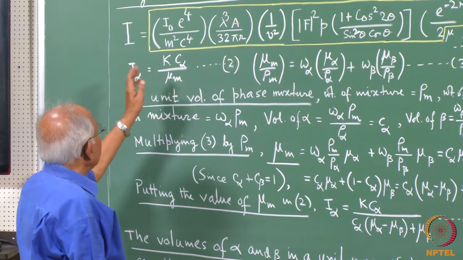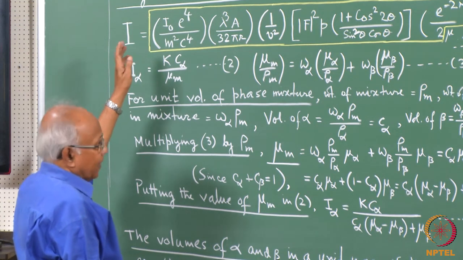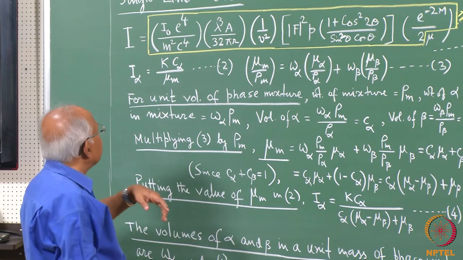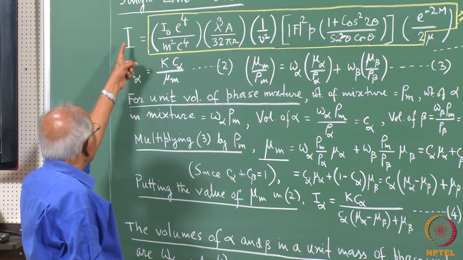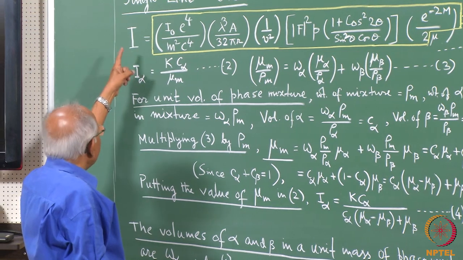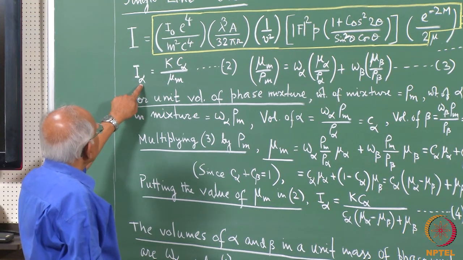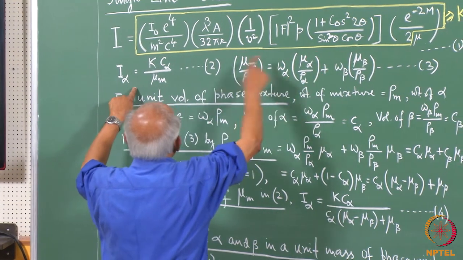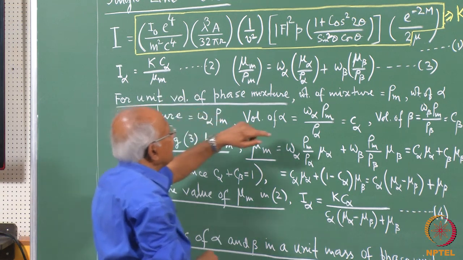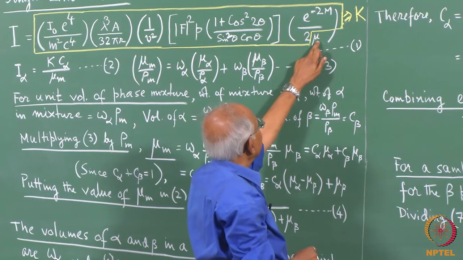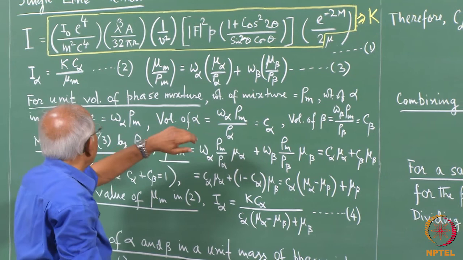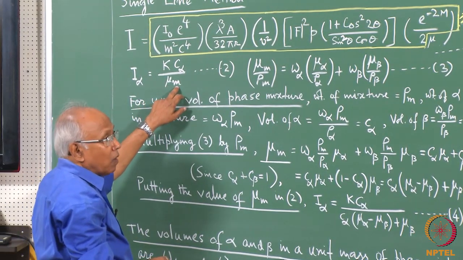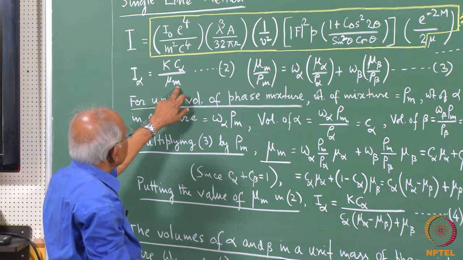The moment this phase, say the alpha phase, is present in a mixture containing the two phases alpha and beta, then the intensity of that particular line in the phase mixture for alpha will be written by multiplying this expression by C alpha and changing the value of mu, the linear absorption coefficient of alpha, to mu m, because we must write down the linear absorption coefficient of the mixture.